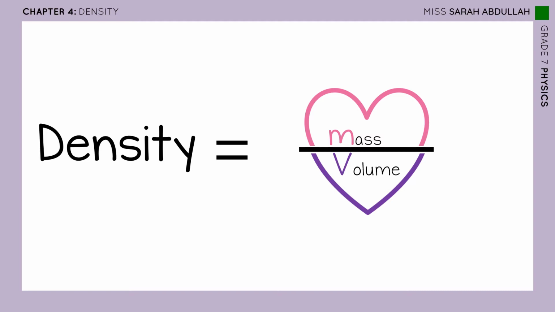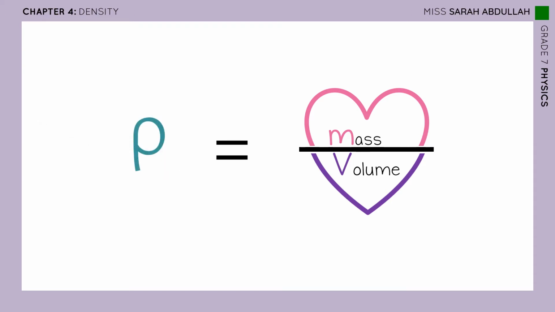Now, since the mass, I can write its symbol as M, and the volume, I can write it as V, I'm not gonna write density every time. It must have a certain symbol. Yes, it does. Its symbol is called rho, and it looks like that. It is a Greek letter. Okay, it's like a small p, you can say. So this is the density.